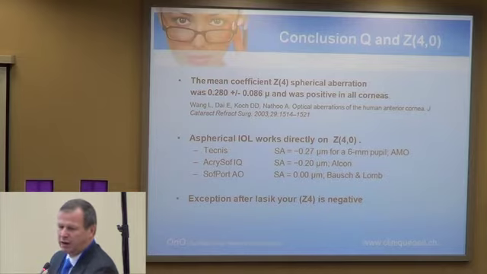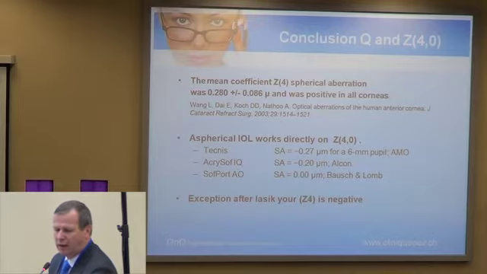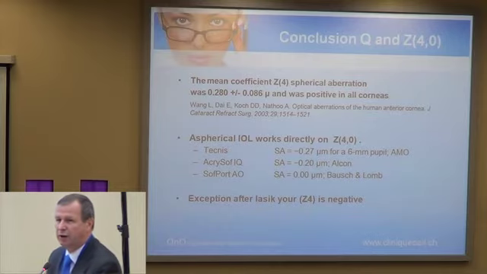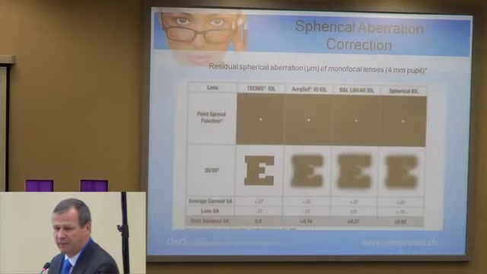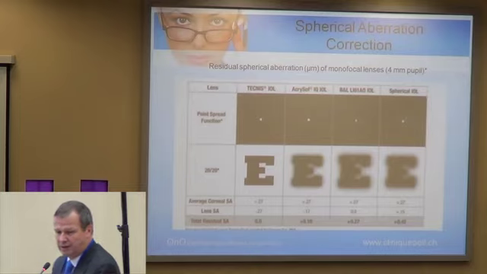When you use an aspherical IOL, you have to be very careful if you have a patient with a myopic LASIK, because he has a negative Z4. Just be careful with that. So don't use an aspherical IOL when you have a myopic LASIK. And that's just to show you the spherical aberration correction with the Technis lens.